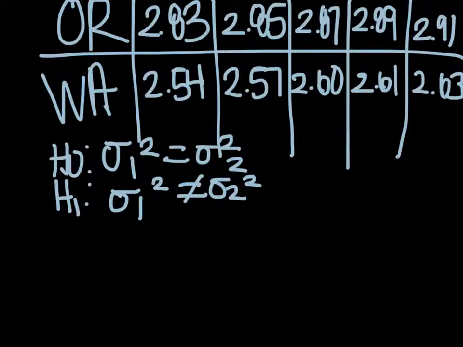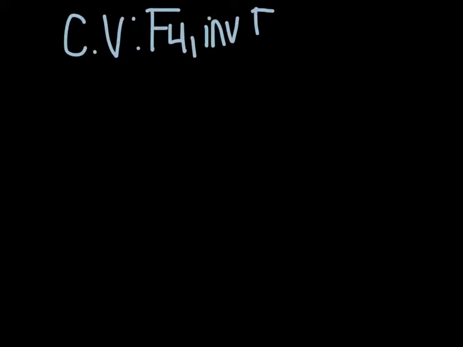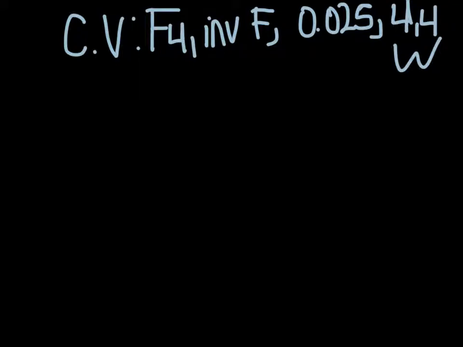So the next thing that you have to do to finish this problem is find the critical value. So you go to F4, inverse F, enter in 0.025, because the alpha value is 0.05, and then 4 and 4, and you get the two 4 values from n minus 1, and that is the degrees of freedom, and there's 5 samples, so it's 5 minus 1 gets you 4.